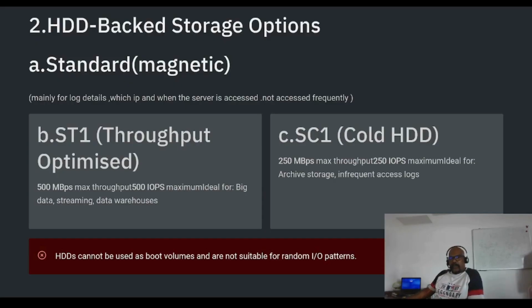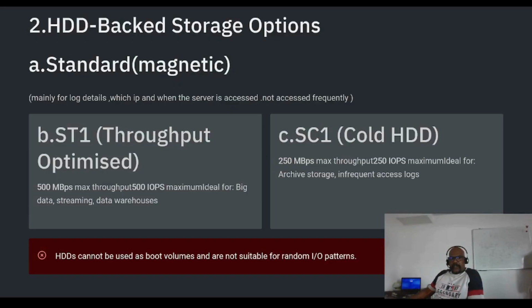Then SC1, cold hard disk drive, has 250 Mbps maximum throughput and 250 IOPS. Mainly it is archive storage, where infrequently accessed data is stored.